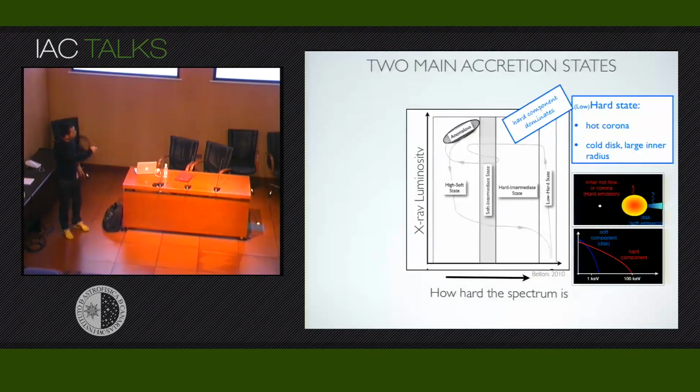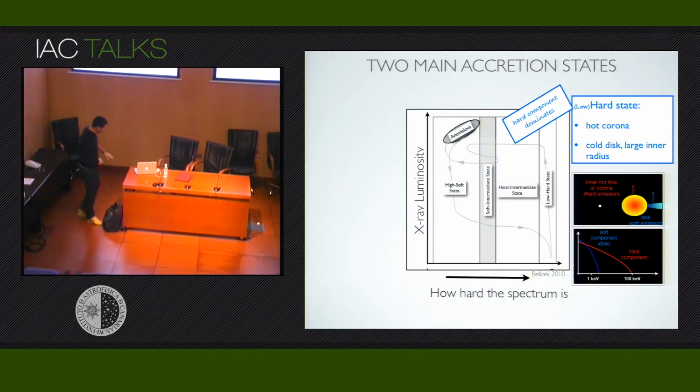Focusing a little more on the physics of these X-ray states and not the phenomenology: in this part, we believe we have a corona of hot electrons that is upscattering photons coming from the disk, but the disk here is very cold and probably very far away from the black hole.